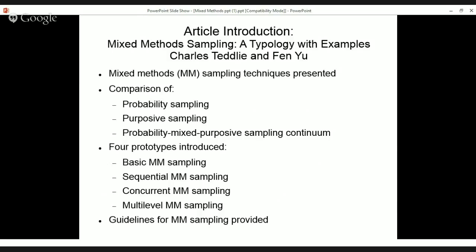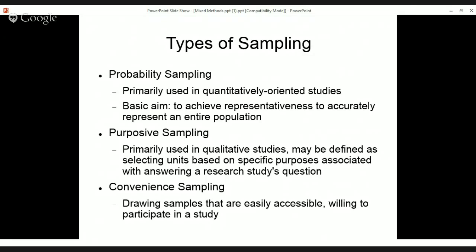The types of sampling, we have probability sampling, which is primarily used in quantitatively oriented studies. The aim of this particular type of sampling is to achieve representativeness, that's a word, to accurately represent an entire population. Purposive sampling is primarily used in qualitative studies, and it may be defined as selecting units based on specific purposes associated with answering a research study's question.